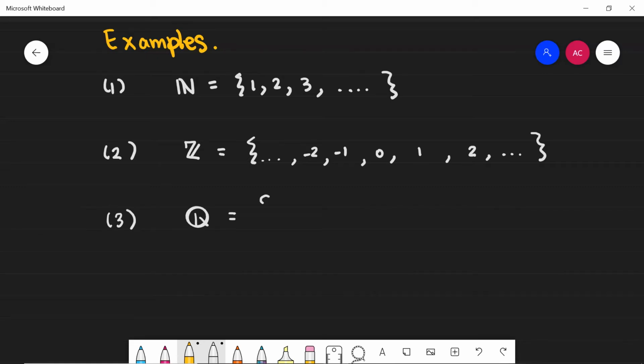The set of rationals we know we can write in the form p divided by q, with the property that p is an integer and the denominator q is a natural. That's one way to describe the field of rationals. Remember, this is a field.